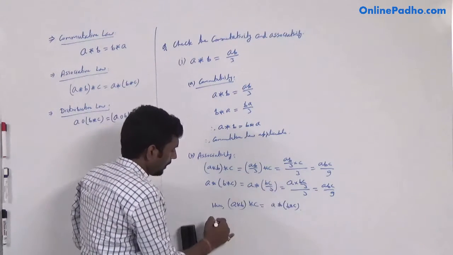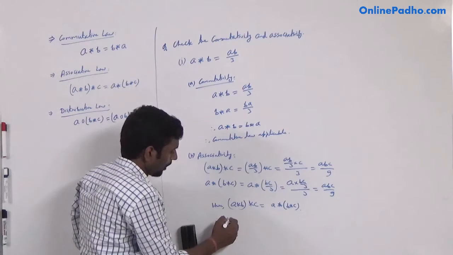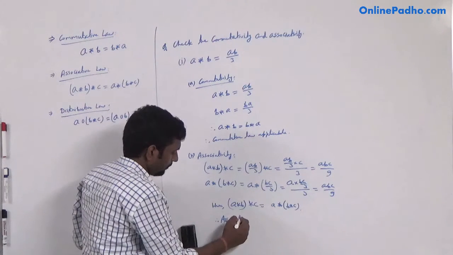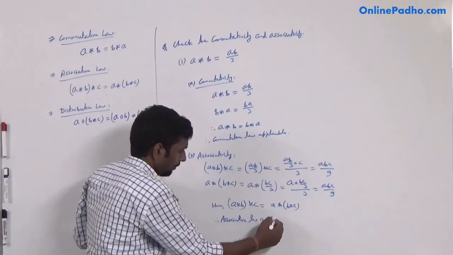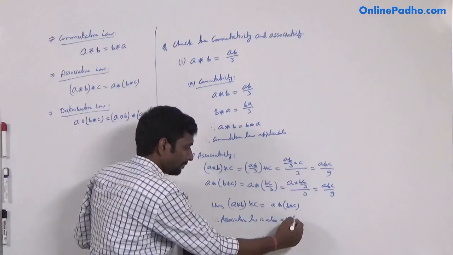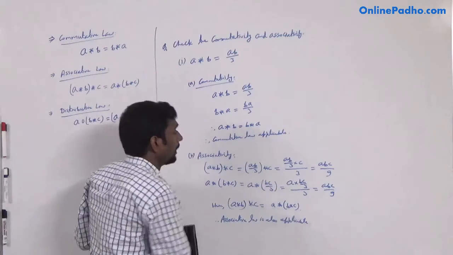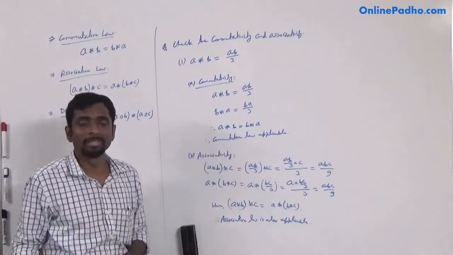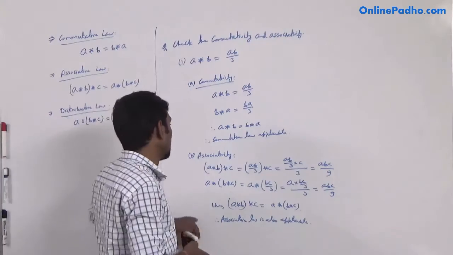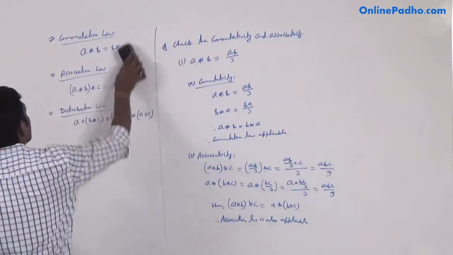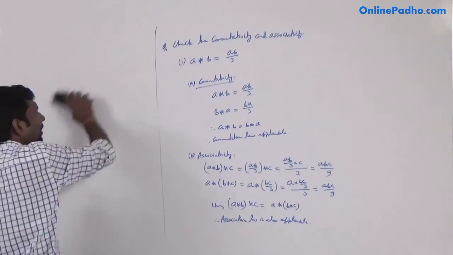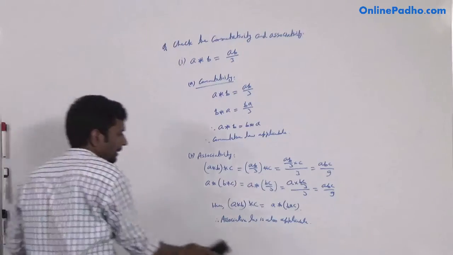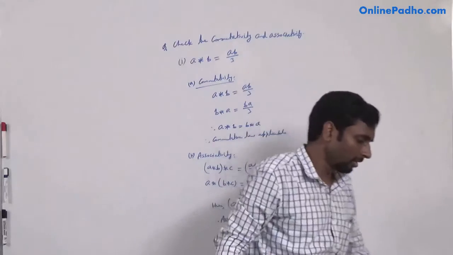So therefore, associativity is also applicable. So here commutative law as well as associative law is applicable. Commutative law and associative law are very simple concepts. You already learned them in class 5 or 6.